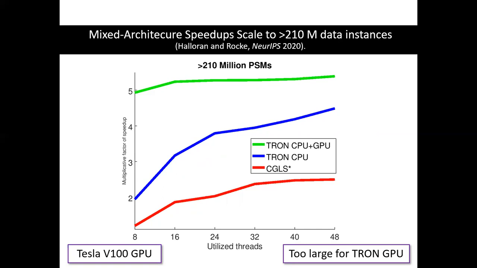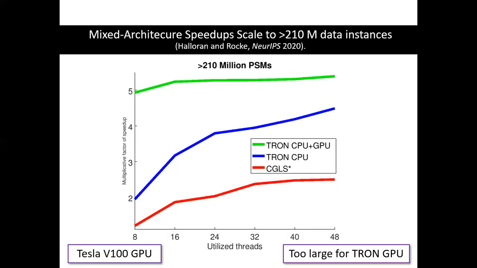This data set itself was too large for the memory requirements of the GPU-optimized Tron algorithm, but the mixed architecture approach, where we offload some compute to the CPU, handles it just fine. And we can see that the mixed architecture approach significantly outperforms all the previous multi-threaded approaches. It very quickly saturates at around a 5-fold speedup for this massive scale data set.